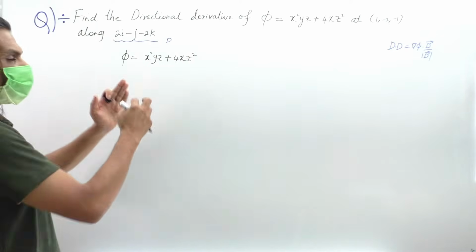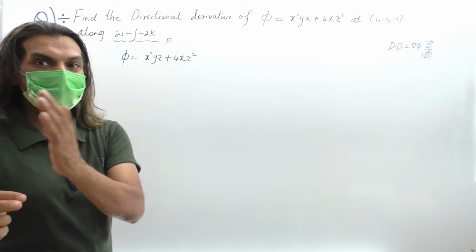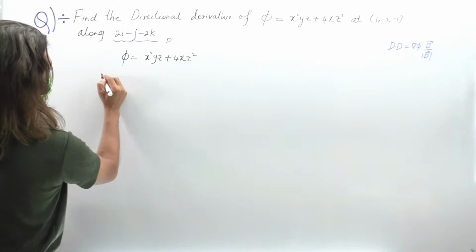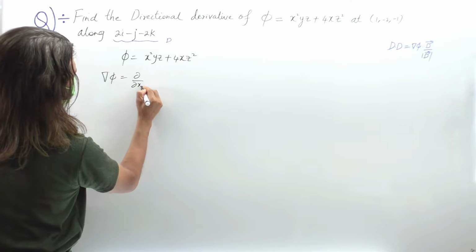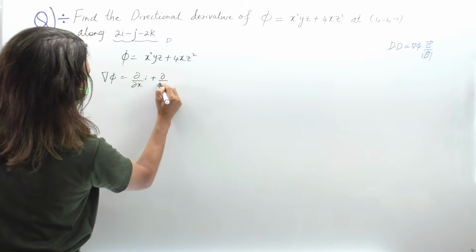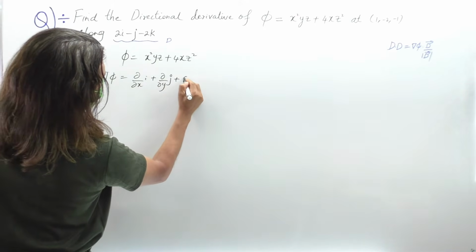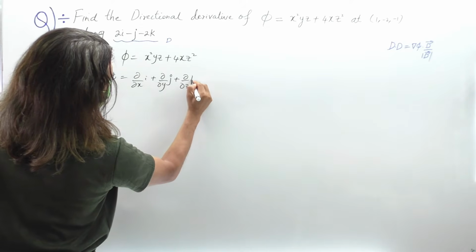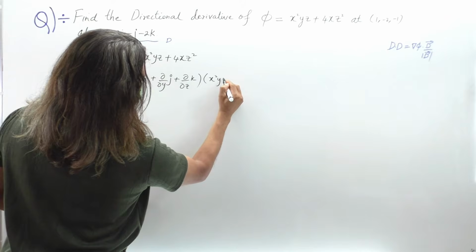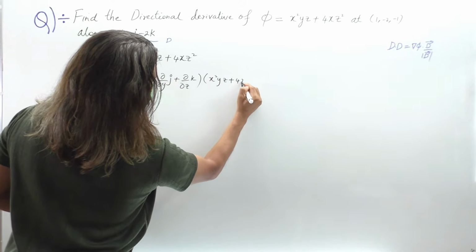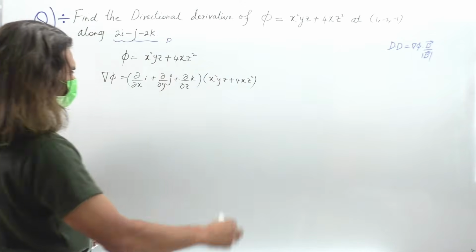Now let us find del phi. Del is the del operator. What is del? Dou by dou x of i plus dou by dou y of j plus dou by dou z of k into phi, the surface x square yz plus 4xz square.